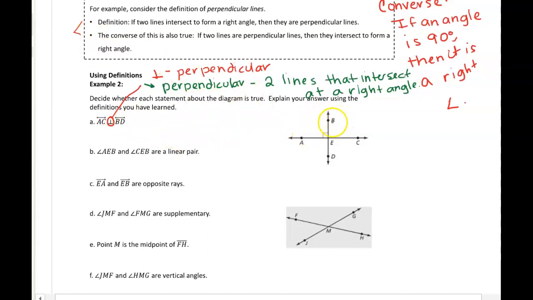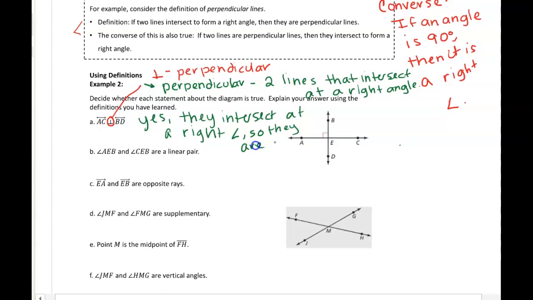It says AC and BD are perpendicular. So this says AC is perpendicular to BD. So if I look here, AC is right here, BD is right here, and notice this right angle right there. Because there's a right angle, we do know that they are perpendicular, so I can say yes. And to explain, I can just say they intersect at a right angle, so they are perpendicular.